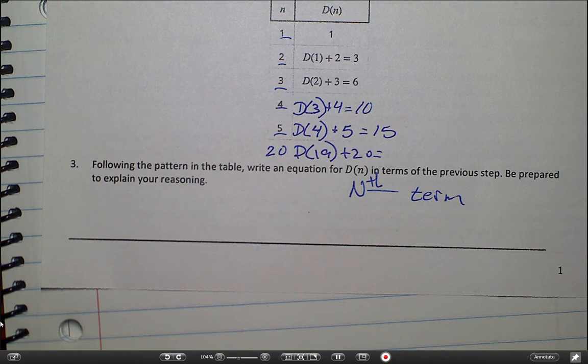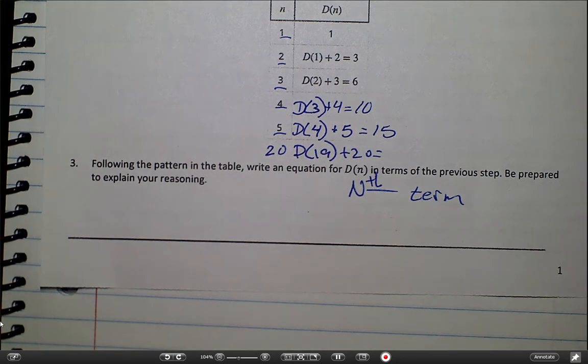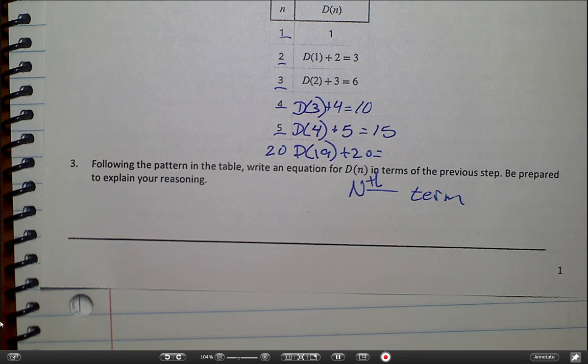Same patterns as what we were doing. So the nth term. All right, let's see.